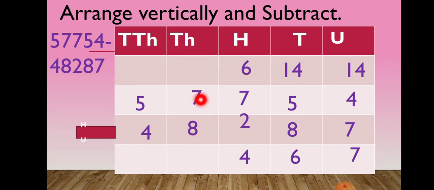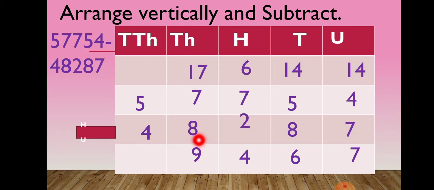Once again see here, do you subtract 8,000 from 7,000? No. So what do you do? Go to the 10,000 place and take a borrow. 10,000 plus 7,000, you get 17,000. And now you subtract 8,000 from 17,000. Remainder 9,000.